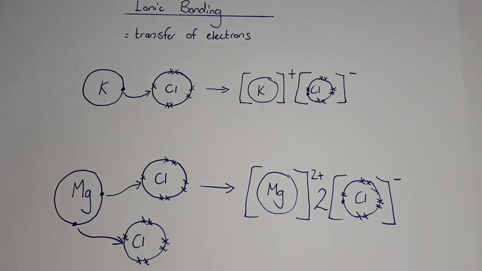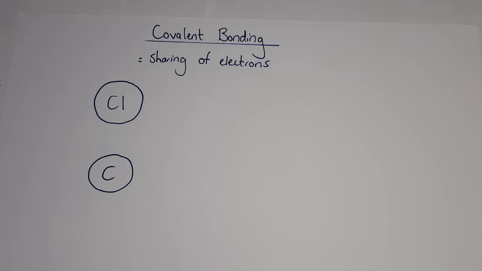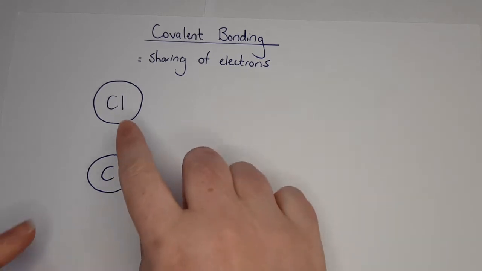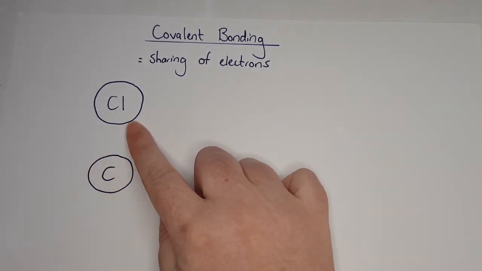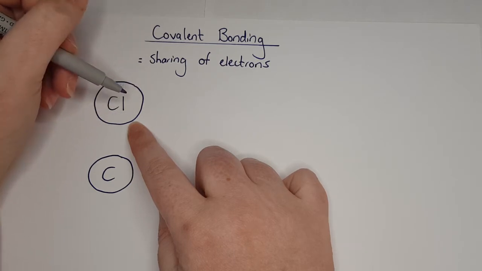So then, covalent bonding is when electrons are shared. So when we have our sharing of electrons, that's usually between nonmetals. So for example, if I have a chlorine molecule like this, it has 7 electrons around it.